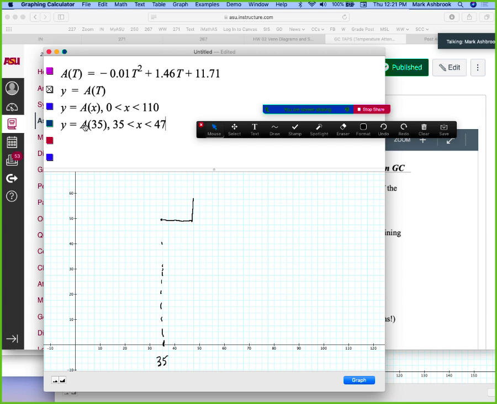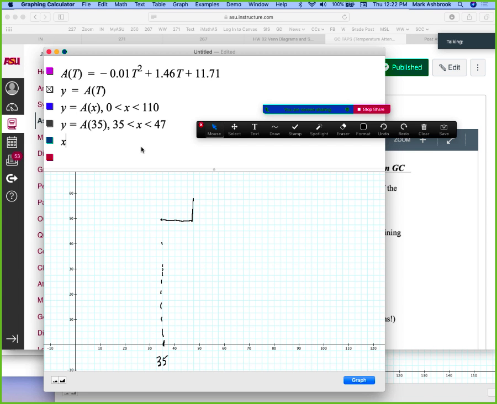Good. All right. And let's make that black. Okay. There it is. You can see it. Okay. How about this corresponding change in y? Donna, can you tell me that? How will I get the corresponding change in y now?